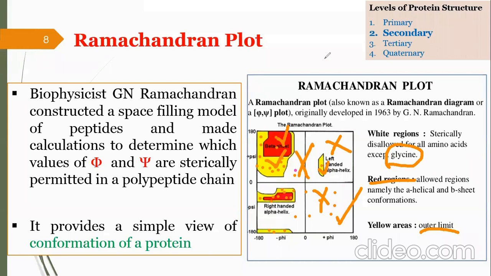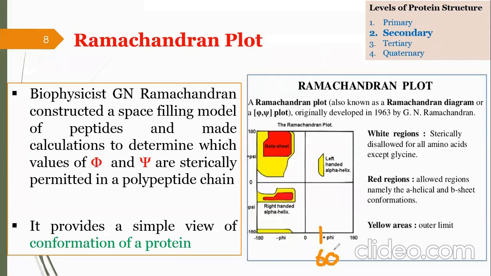Sir, basically this graph depends on the conformation of the angles. Yes, let's discuss it now. So if the phi angle is 60 degrees and the psi angle is also 60, plus 60 here, then we can say the conformation will be a left-handed alpha helix.